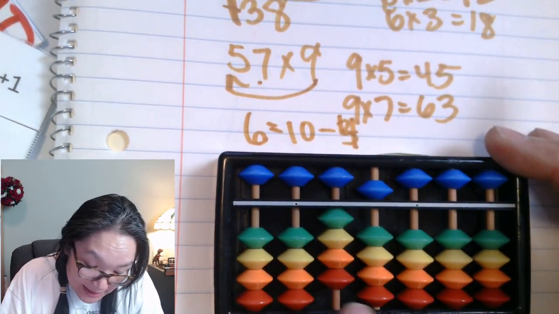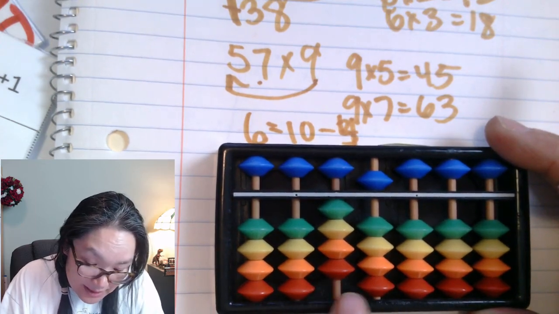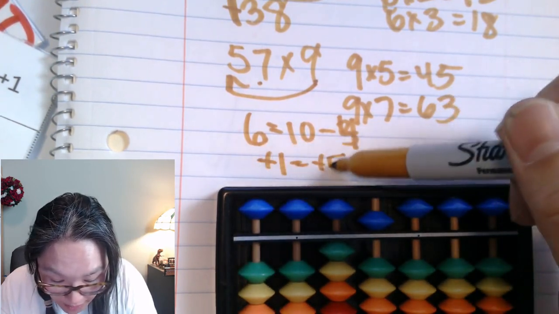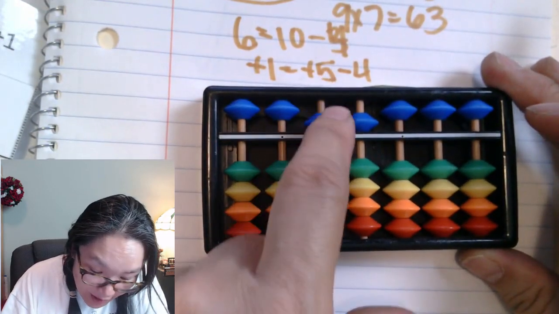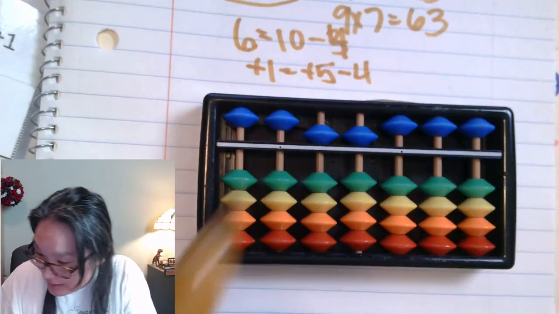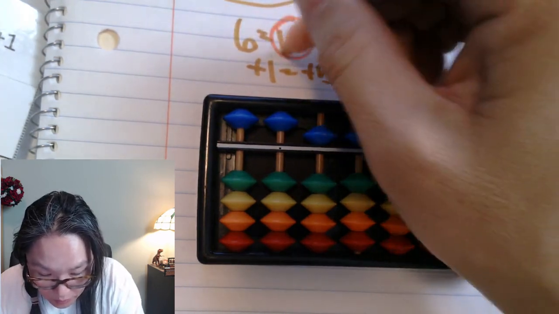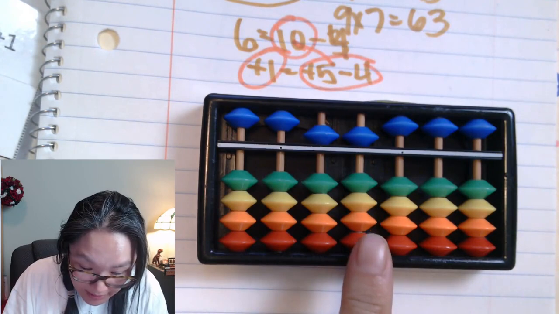We know how to plus the 10: plus the 10 is equal to plus the 5 minus 4. That's this right here. What we just did is we substituted this.